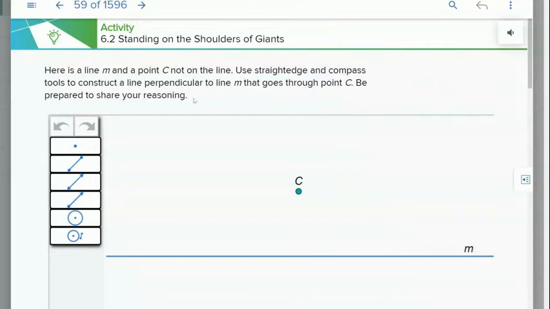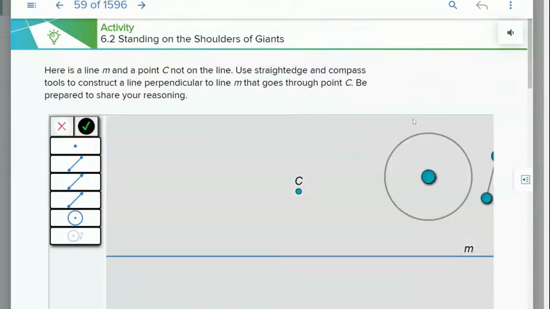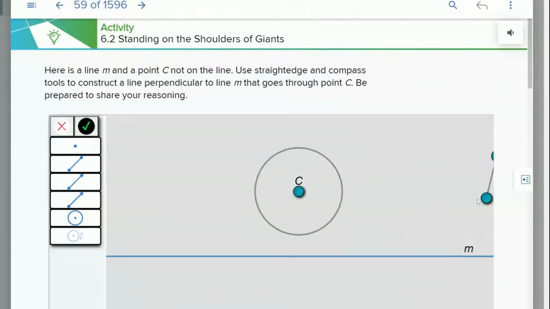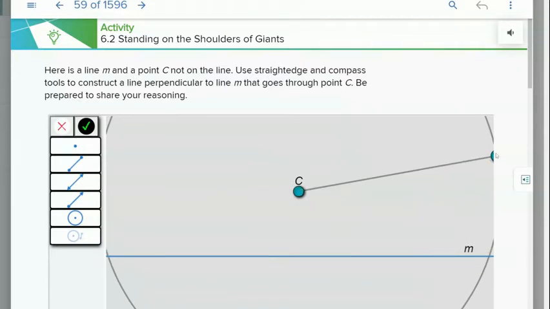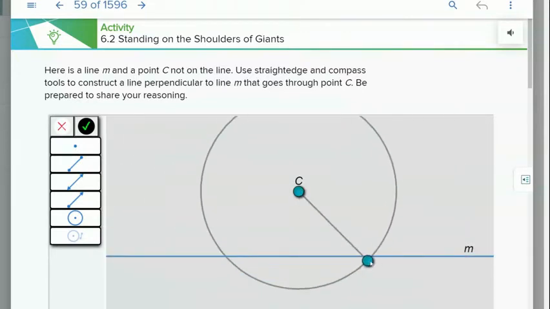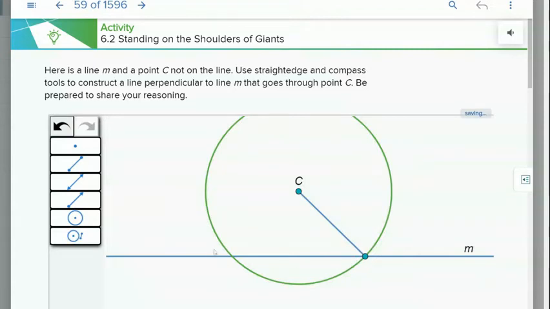All right, so be prepared to share your reasoning. So I'm going to use a compass. I'm going to center my first circle on point C, and I'm going to create a circle with a radius big enough to where I have two intersection points on line M. So one's there, the other one is right here. These are my two points of intersection.